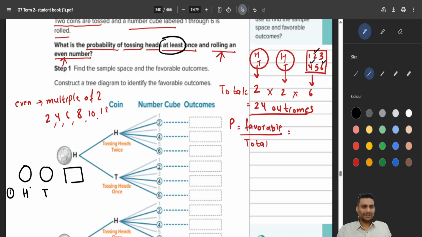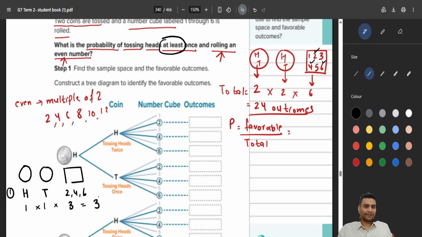So one head is here. Check, yes. And here I need 2, 4, 6. How many heads? 1. How many tails? 1. And how many even numbers? 3. So 1 times 3, 3.